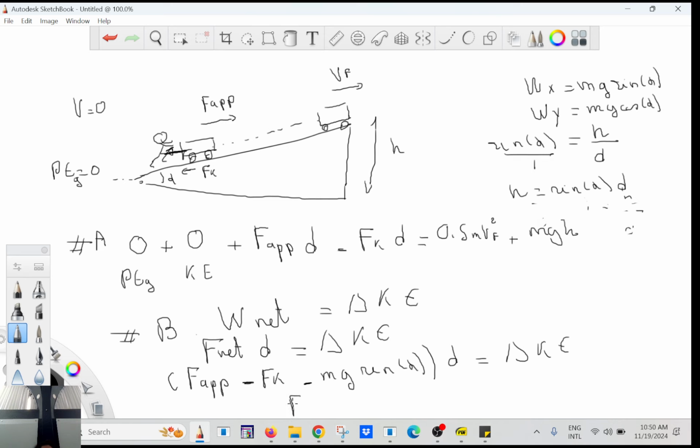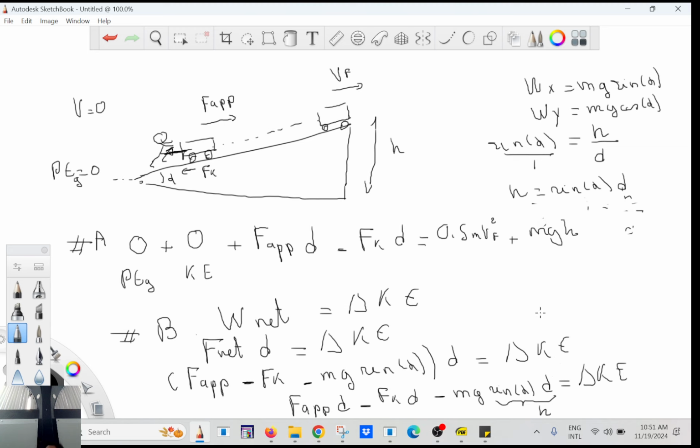You distribute: the applied force times the distance, minus kinetic friction times the distance, minus mg sine alpha times d equals the change in kinetic energy. And guess what? That's going to be mgh. And we get exactly the same thing.